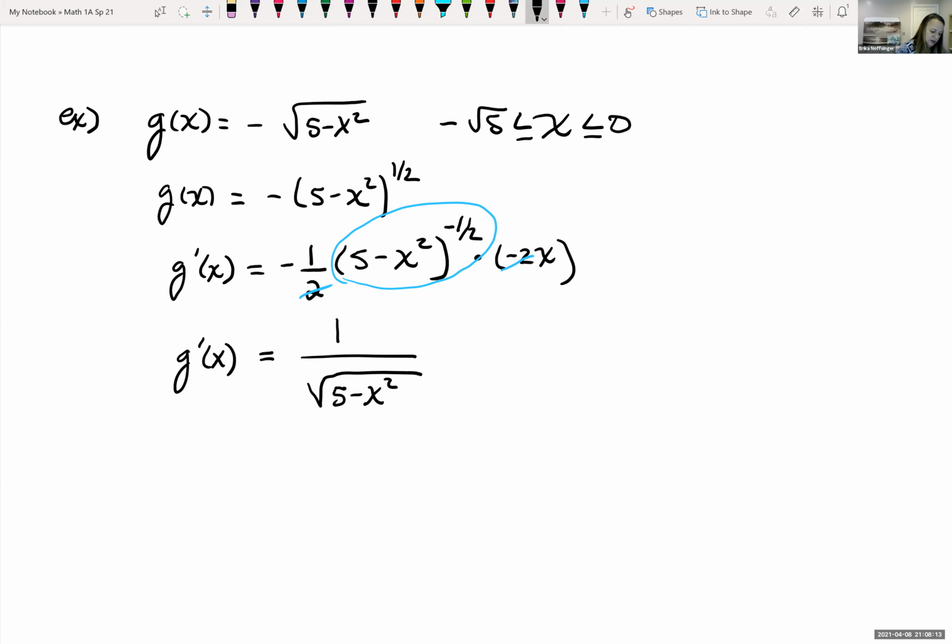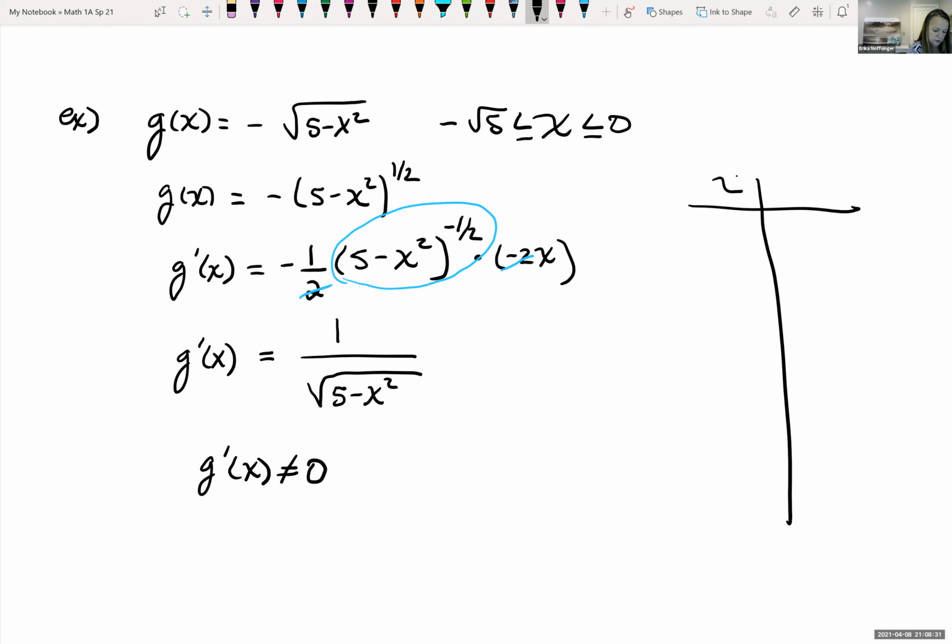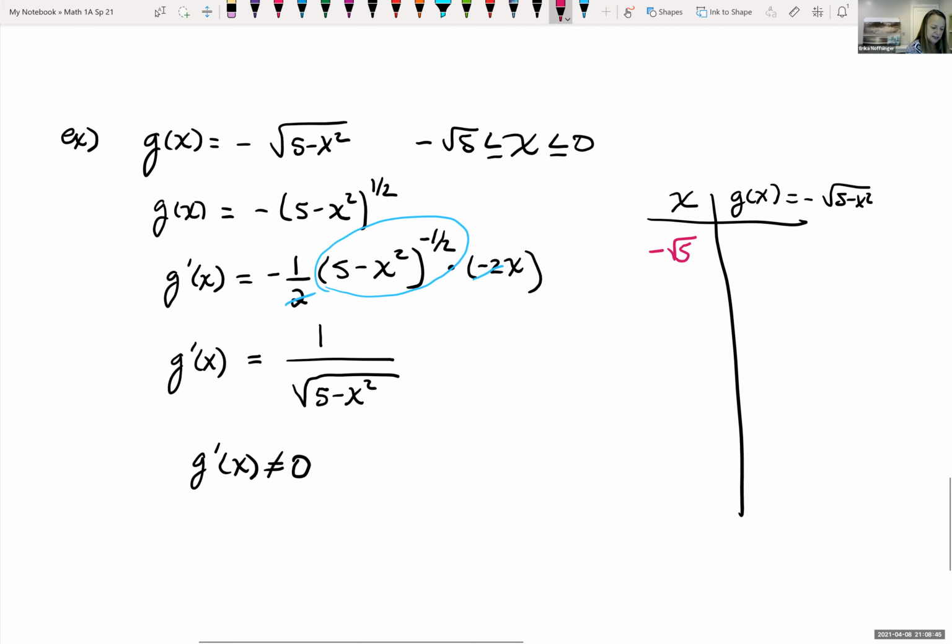Well, this never equals 0. We have no value of x which would set that equal to 0. So really, the only thing we're worried about are endpoint values. So let's plug in -√5 wherever you see an x in g of x.